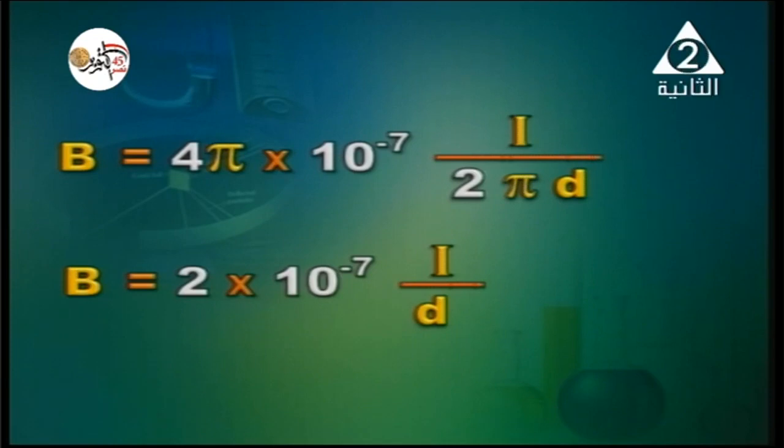So once again, we'll use this particular relation, B = 2 times 10^-7 I/d, when we've got a wire in air.